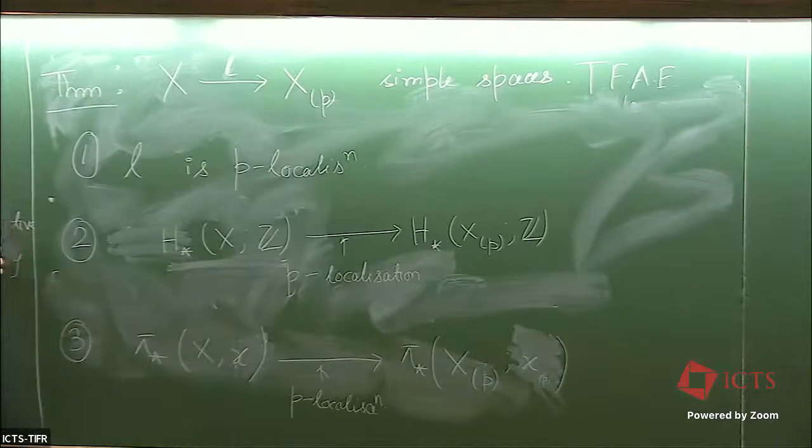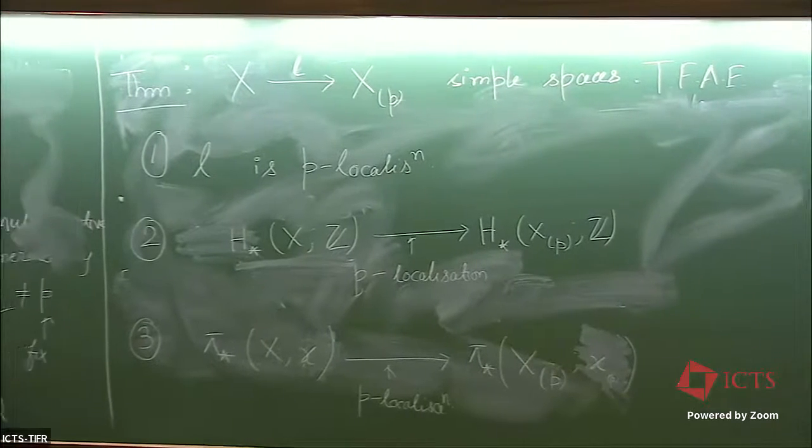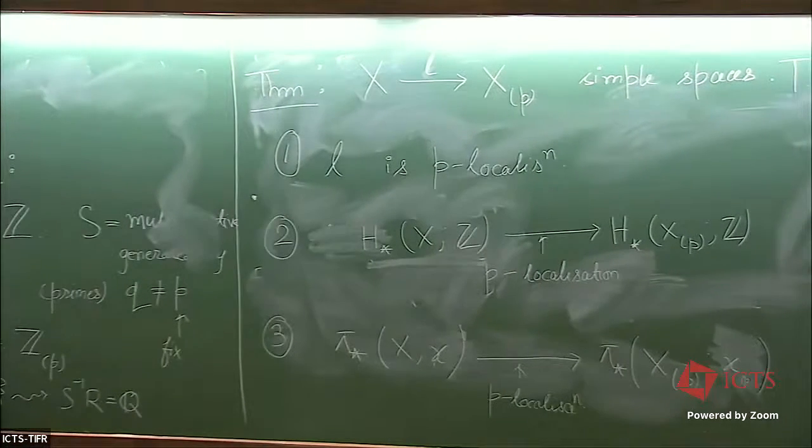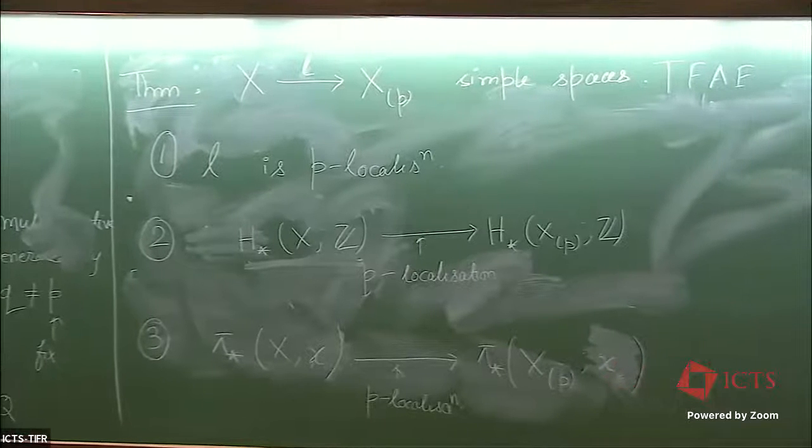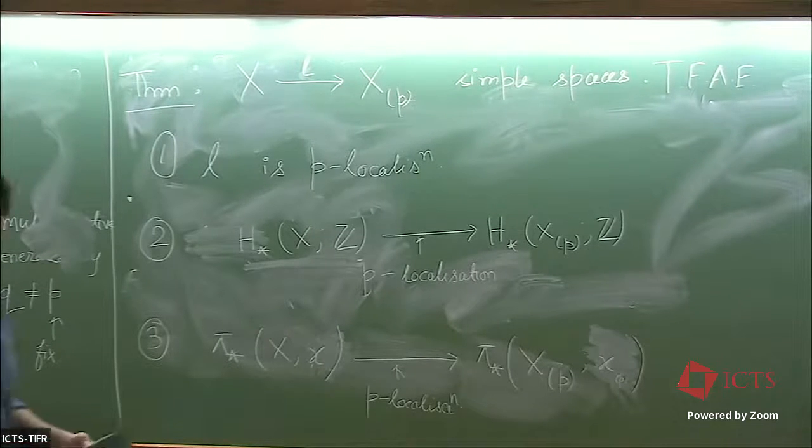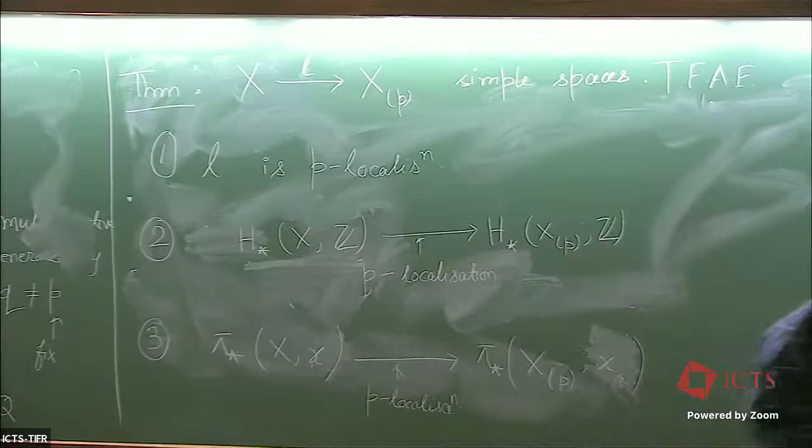So let's see a few examples of P-localization for spaces. These are pointed topological spaces.